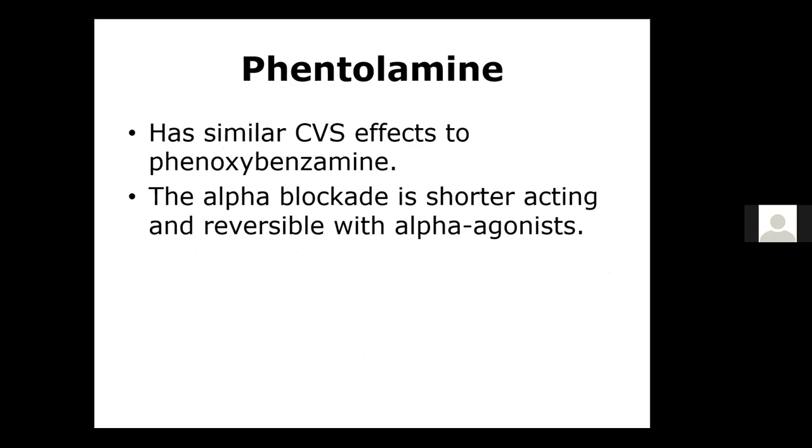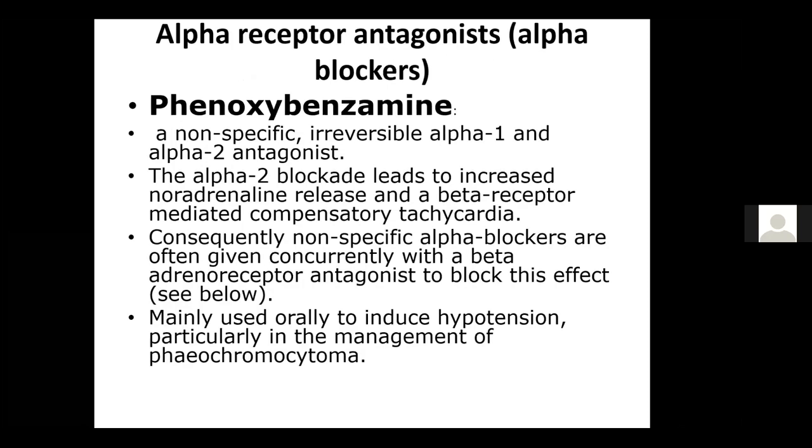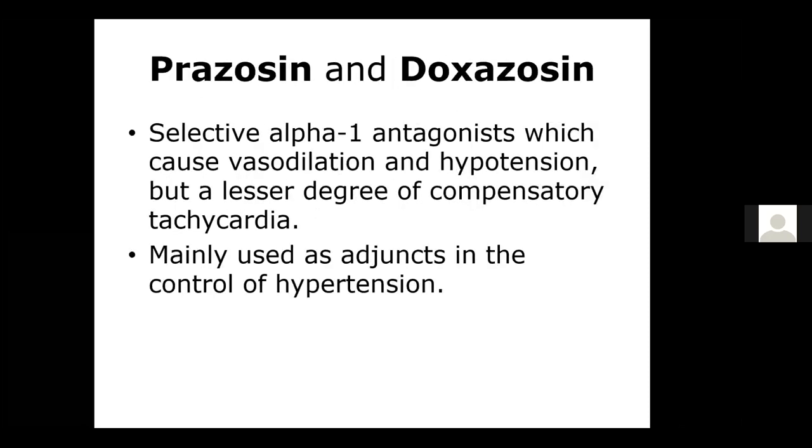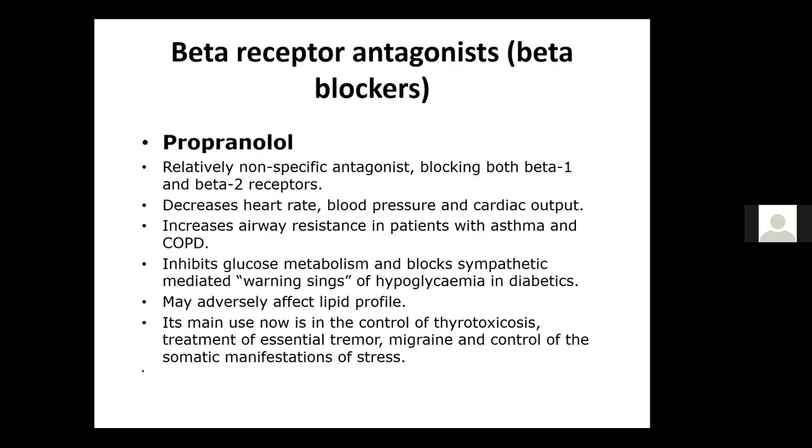So you need to use a very strong drug to reverse these effects before you remove that tumor. So phenoxybenzamine is a drug to use. We usually use it in pheochromocytoma. It's already in your notes. Prazosin, we don't use it a lot in anesthesia, so I will not talk about it.